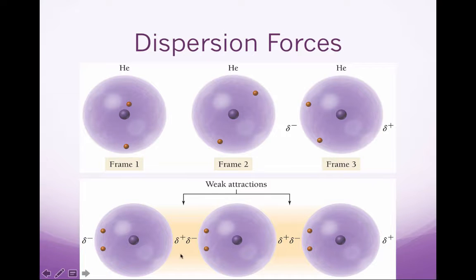Well, when it gets close to another atom or molecule, that partially positive side will induce the next atom to have a partial negative side, partial positive side, which will cause the next one to have a temporary dipole, so on and so forth. This is a very weak attraction. And again, these are just temporary dipoles. But these are present in all molecules and atoms, no matter what.